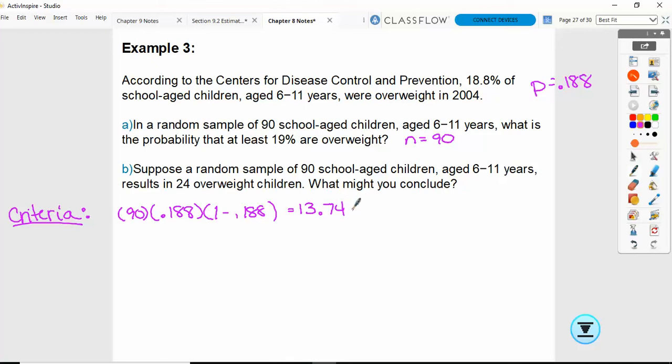What do I need to be true about that? Right, it has to be greater than or equal to 10. It is, so that condition is met. Second condition, my sample has to be less than 5% of the total population. Would 90 children be less than 5% of the entire U.S. school-age children? Yeah, so we're good there.